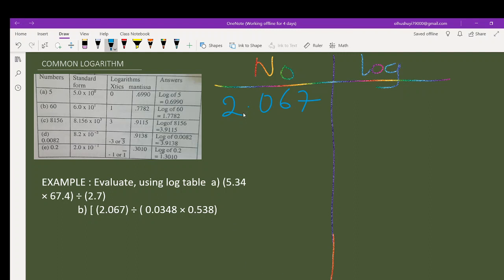The decimal is between the first and second significant value, so it's okay. So our characteristic will be 0 point. You check 20 under 6. 20 under 6 difference 7. Checking 20 under 6 difference 7, you are going to be having 0.31, 0.3. Okay. I want to adjust this work here. Coming.